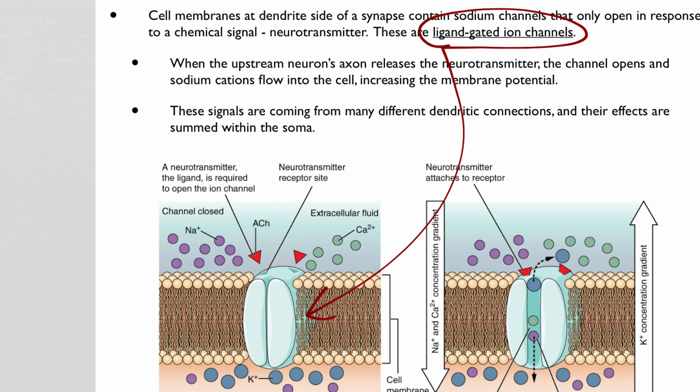The ion channel is the receptor, and the gated part of it tells you that, just like a gate on a fence can open and close, there's a gate on this channel that can open and close. And so if we're starting off over here where the neurotransmitter is not bound to the receptor, channel's closed, gate shut, ions can't move through.